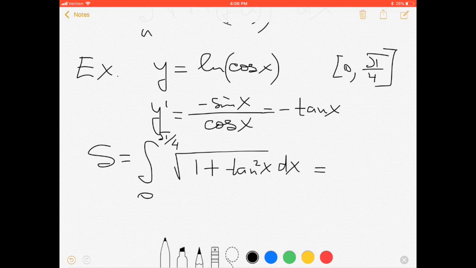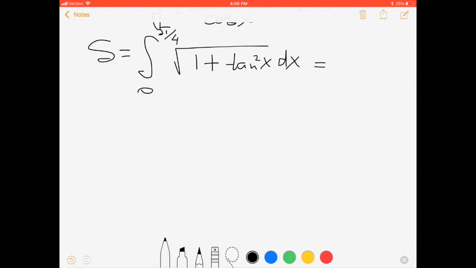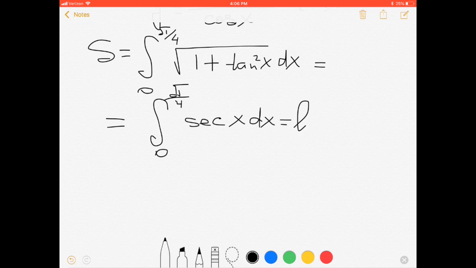Here we remember our trigonometric identity: 1 plus tangent squared is secant squared. This means here we have the integral from 0 to pi over 4 of the square root of secant squared, which is exactly secant x dx. This equals natural log of secant x plus tangent x, from 0 to pi over 4.